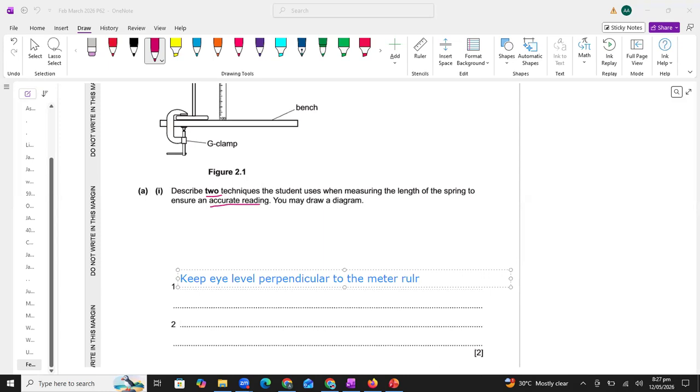All right, students, we have to keep our eye level perpendicular to the meter rule, or you can write here avoid parallax error. So we will get the accurate answer. Okay. Acha, what could be the second technique, students? First, write down this option, students. Done.